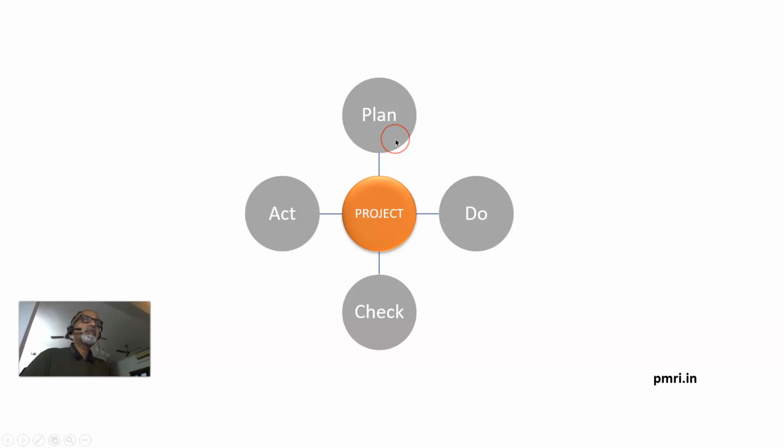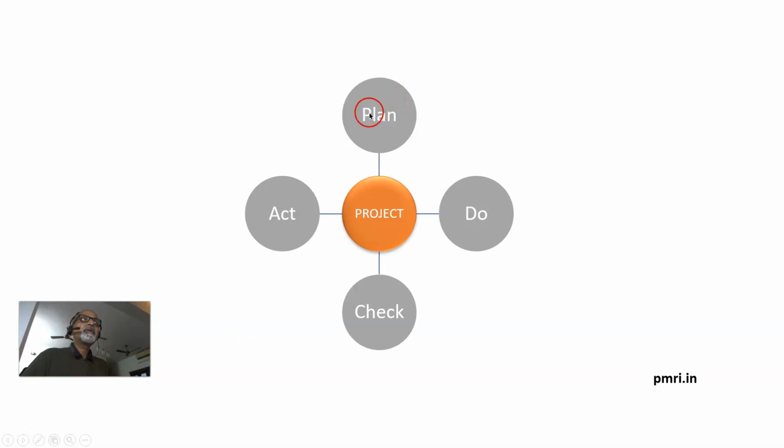That is, whatever we want to do, it must be planned, and we try to do things as per the plan, and once in a while we check and see the variance. If there is a variance, we take action. This is Deming's PDCA cycle: plan, do, check and act. And this is the underlying theme of project management.